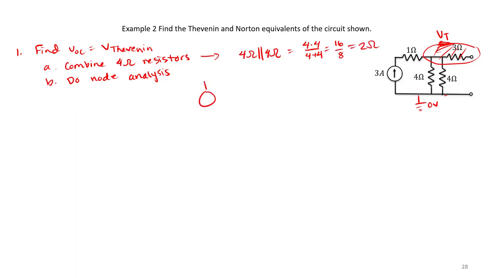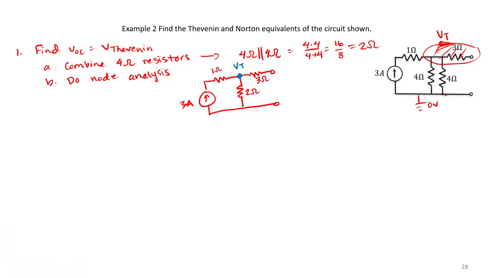So if we replace those two parallel 4 ohm resistors with an equivalent resistor, we get a 2 ohm resistor, then 3 ohms on the top right, and then we have 1 ohm on the top left, and a 3 amp current source. Now our goal is to find VT.